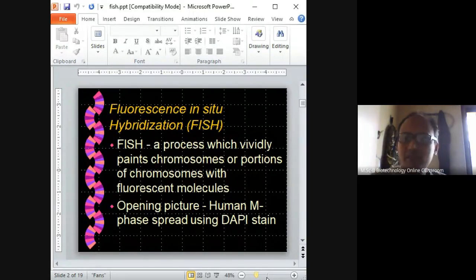Okay, we were discussing fluorescence. The name itself tells us: absorption of light at one wavelength and emission at the other.